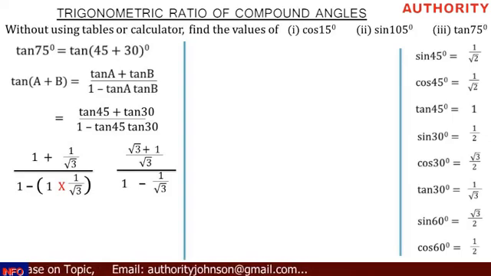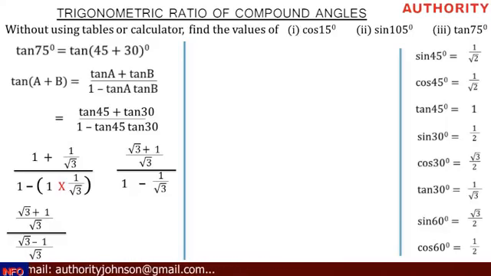So when we combine this denominator together, it's going to give us root 3 minus 1 all over root 3. Now that means we are having root 3 plus 1 all over root 3 all over root 3 minus 1 all over root 3. Yes. Now let's go.